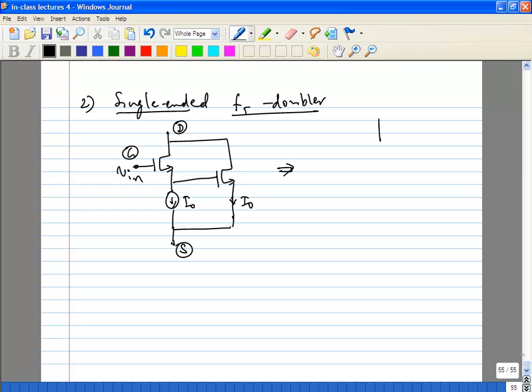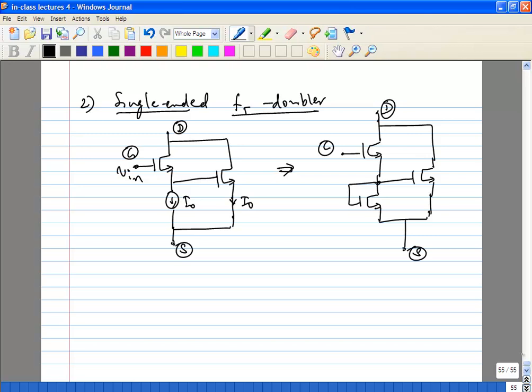So the simplest way to implement this is like this. Okay, so the current source is just done as a diode. So in other words, it just mirrors the I bias over to the other side.